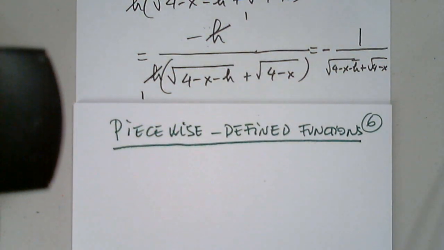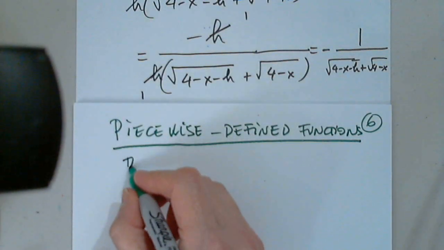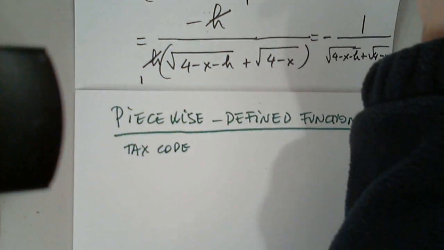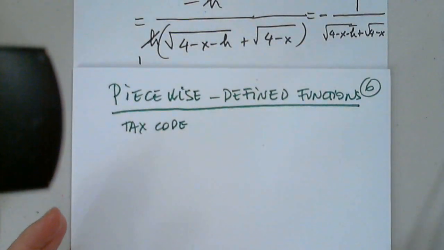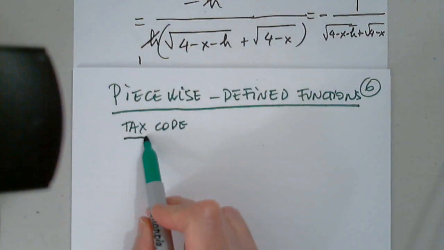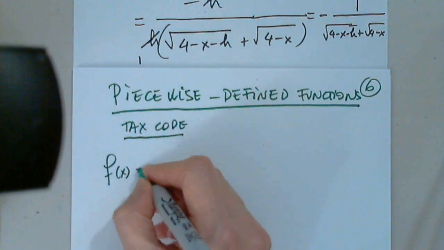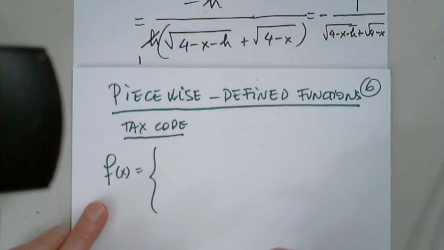Here's an example. I'm making stuff up, okay? I do not know the tax code. I submit my taxes with TurboTax, whatever they ask, I put it in. So I don't know the tax code, but I'm giving you an example. So here's a function. It gives us the percentage.